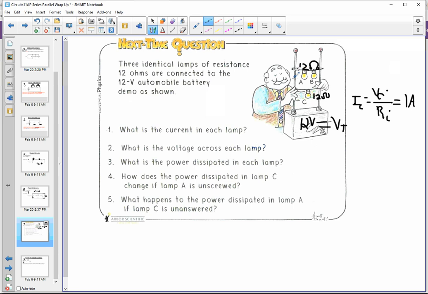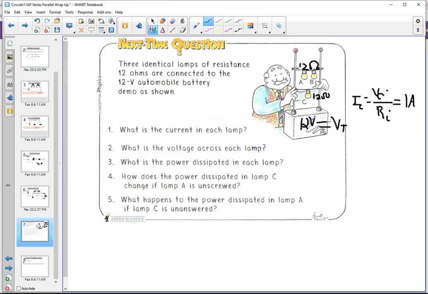Now what about the current through the top bulbs? Well, through the top bulbs, the same current is going to visit each bulb. So since they're in series, we should combine them. The top has an equivalent resistance of 24 ohms because we have A and B, each of which is 12 ohms in series. So we're essentially putting a 24 ohm bulb connected to a 12 volt battery.